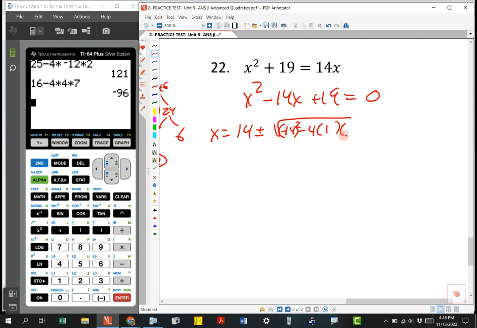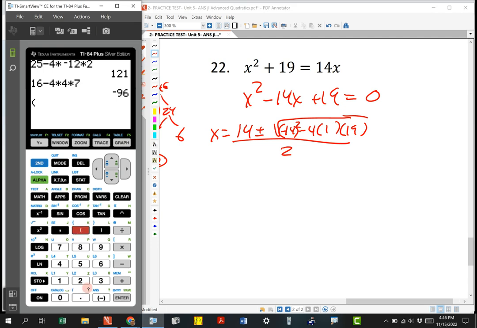So this is going to be a 1, and this is going to be a 19. And this is going to all be over 2. So we'll put a 2 right there. And then I'm going to do parentheses, negative 14 quantity squared minus 4 times 1 times 19. Could probably make this a little bit shorter, got all the signs right and stuff like that.